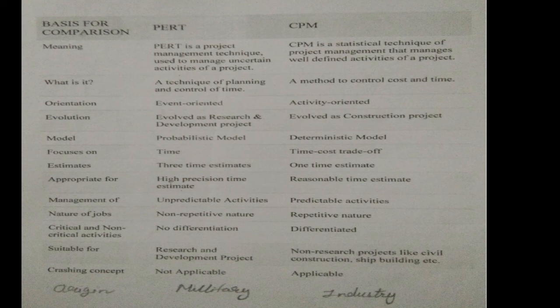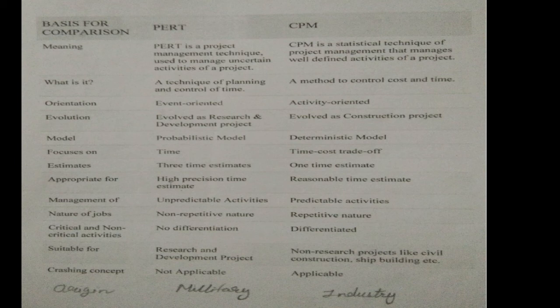The next criteria of difference is critical and non-critical activities. PERT will not discriminate the activities into critical and non-critical type, but with CPM the activities are discriminated into two parts, that is critical and non-critical.